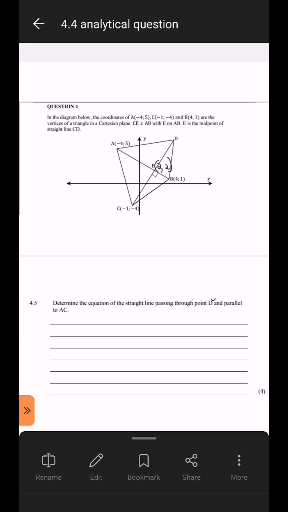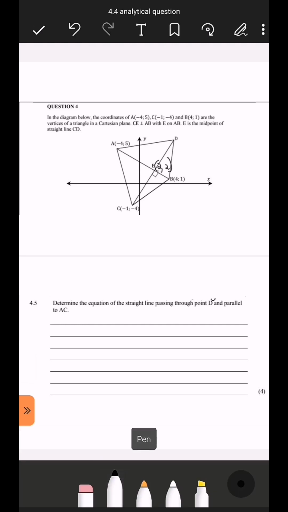Okay, so next we're going to look at 4.5. It says determine the equation of the straight line passing through D and parallel to AC. So it's important to realize that the line will be something like that, passing through D parallel to AC.